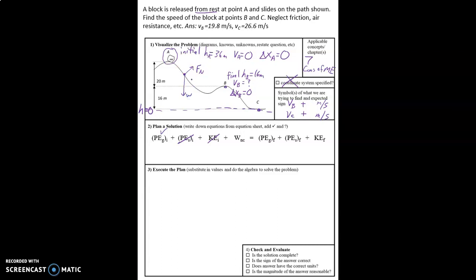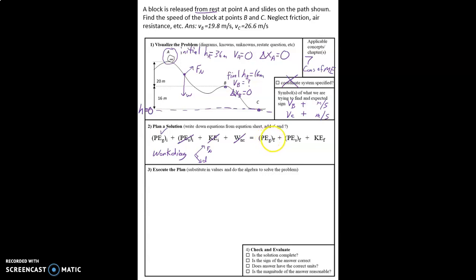If we were to draw the work diagram, we would not need one for the weight because that's a conservative force, but for the normal force, the normal force is perpendicular to the track, and the displacement is parallel to the track. And so at all times, these two vectors are going to be perpendicular to one another. If they're perpendicular, that means the work by non-conservative forces is 0, because the normal force is the only non-conservative force in this problem.